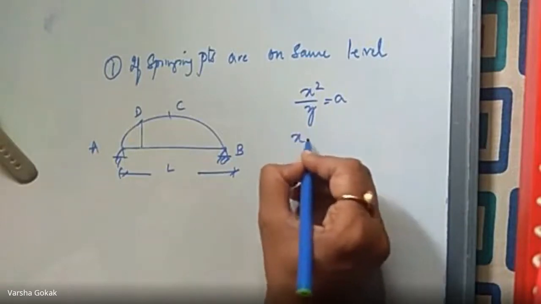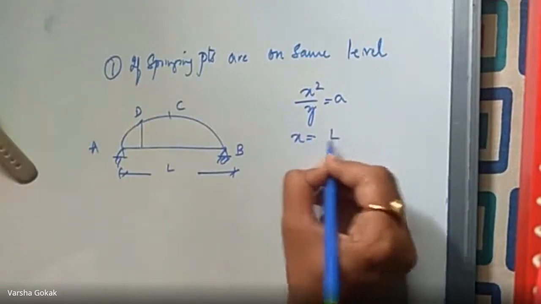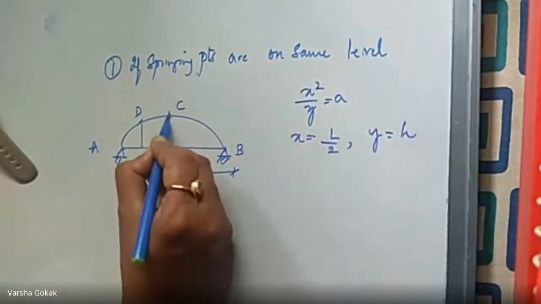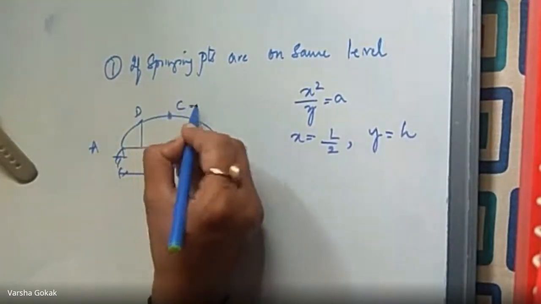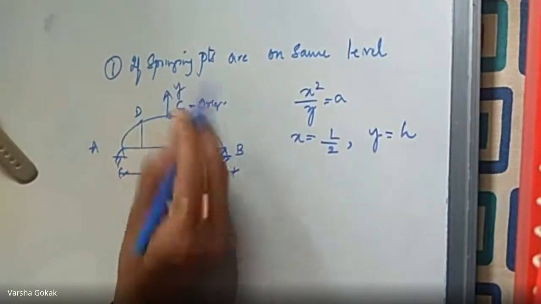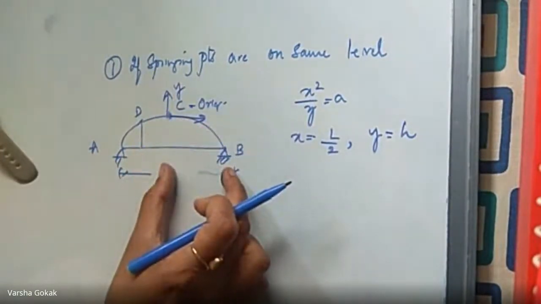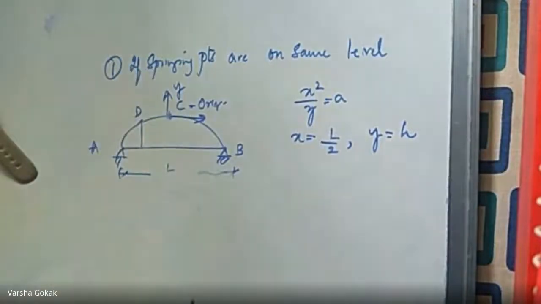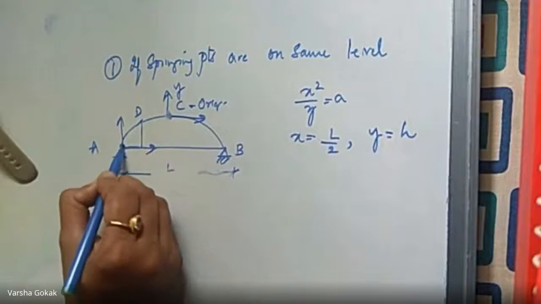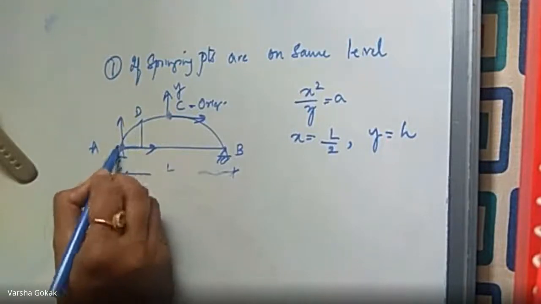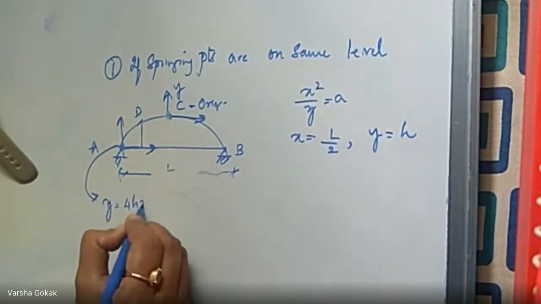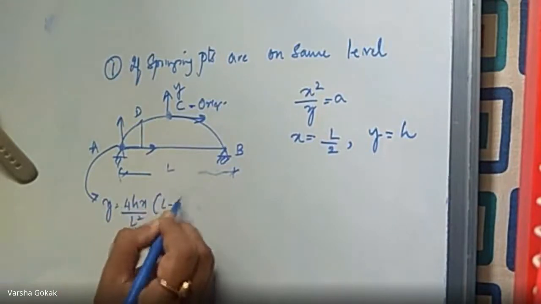So what do I do? x becomes equal to L by 2 and y becomes equal to h, meaning if I take C as the origin now, C point becomes my origin. So this is x, this is y. So x becomes L by 2, y becomes h. In the initial diagram when I had drawn, I told you to take the origin as the A point. So when A point was origin, you had y equal to 4hx by L square into L minus x.